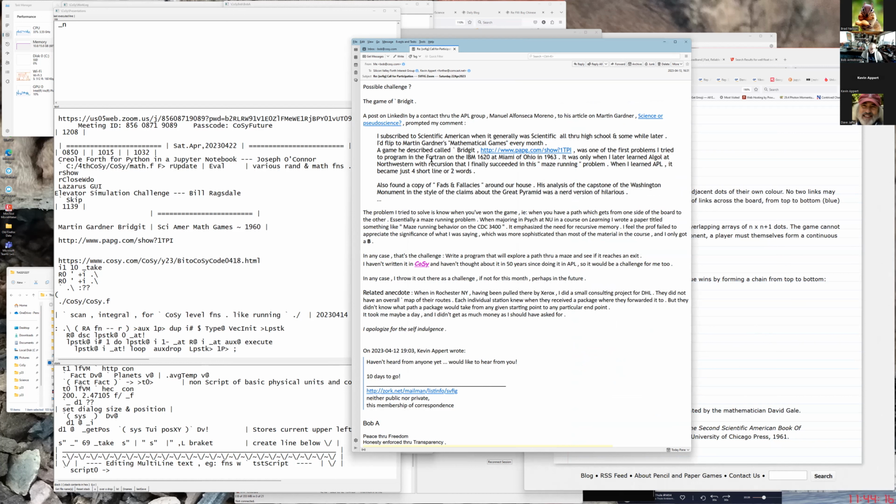Miami, Ohio, the school's computer was an IBM 1620. Is anybody familiar with those computers that old? Its nickname in development was Cadet, for Can't Add Doesn't Even Try, because it actually did arithmetic by table lookup.